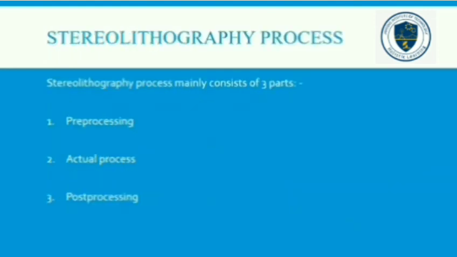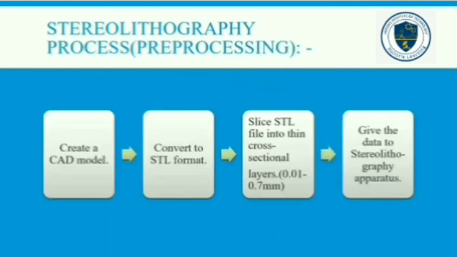Next we talk about stereolithography process. In this process, it consists of pre-processing, actual process, post-processing. These processes are main in stereolithography process and other systems. Pre-processing has 4 steps. First one, we create the model with the help of CAD. After that, it is converted into STL format.